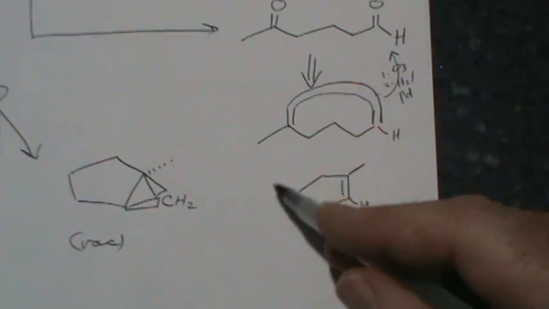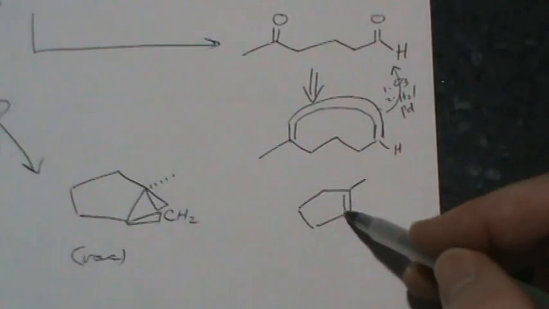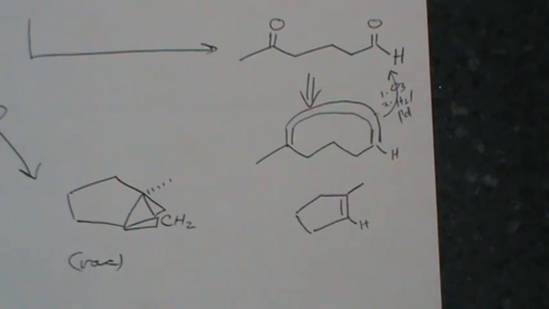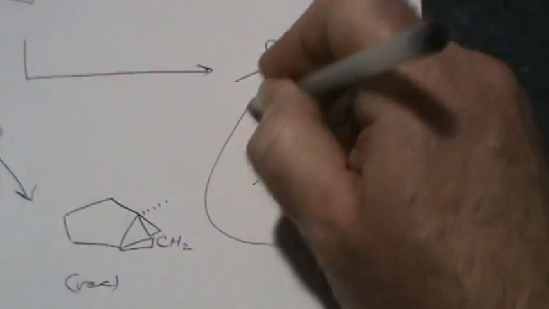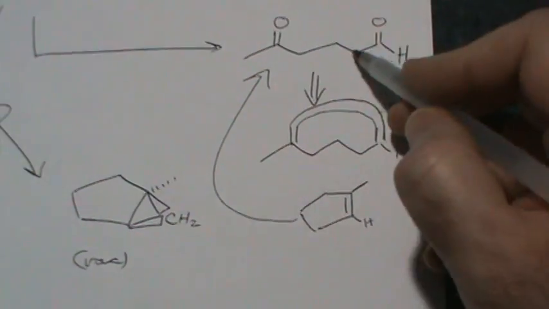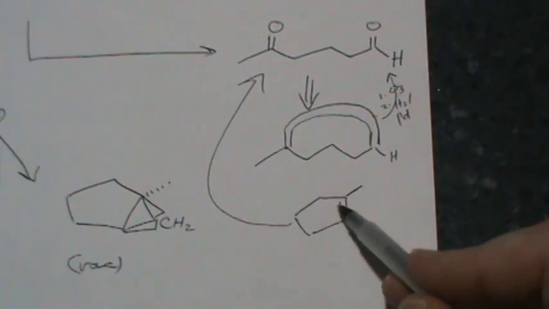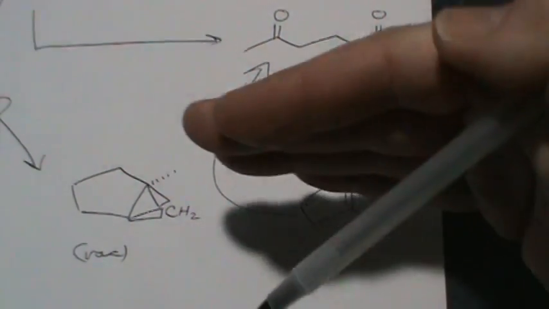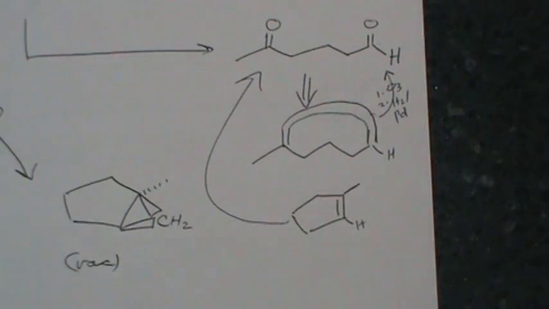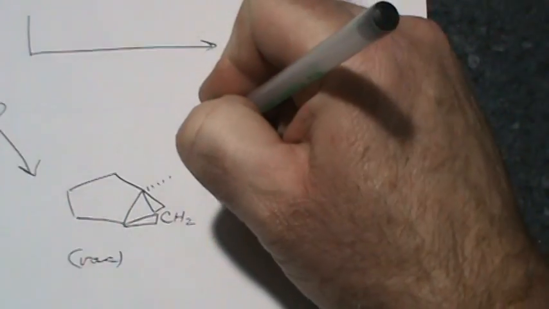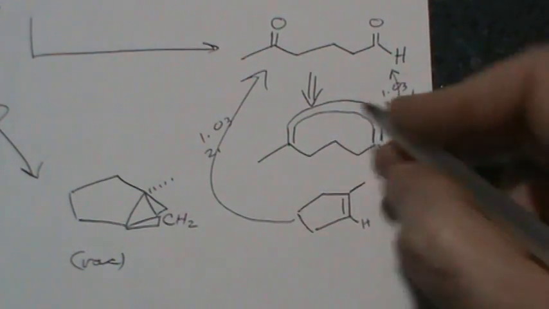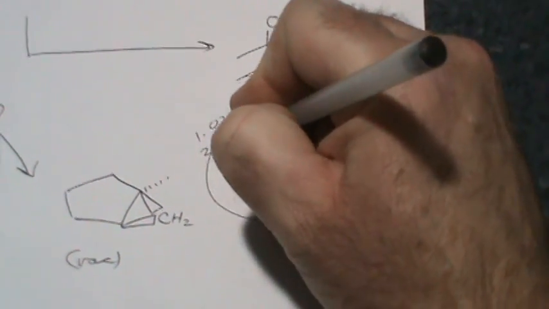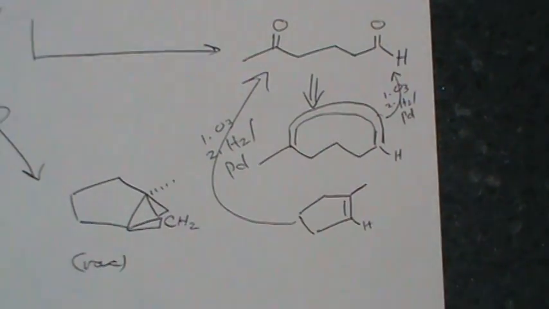This is actually the structure right here, not that one, but this one. This is the structure we want to show. So working retrosynthetically, in order to get that ketone on one side, aldehyde on the other, I would have had to take this cyclic structure, karate chop its carbon-carbon double bond in half using ozone. And then in the second step, do a reductive workup. I showed hydrogen, palladium is my reductive workup.